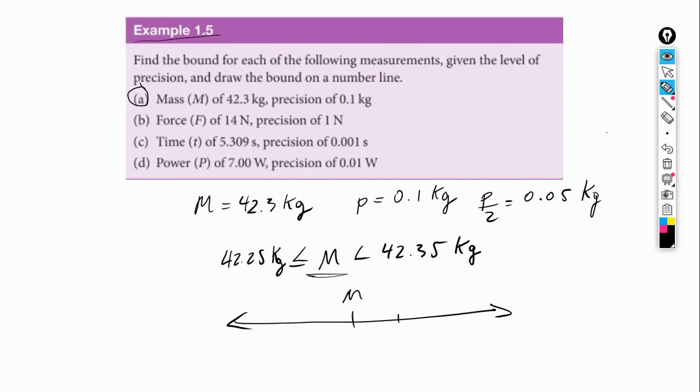So we could write here, let's say 42.35 kilograms on this part, and on this other part we could write 42.25 kilograms, and m would be equal to this, but less than that. That's what the open circle means, less than, but not equal to, whereas here it can be greater than or equal to. So this area here would represent the bound for m.